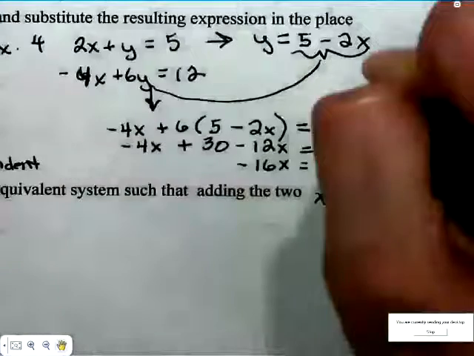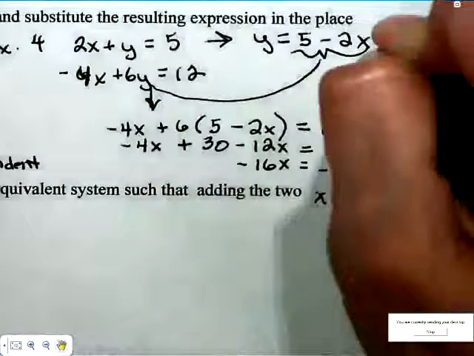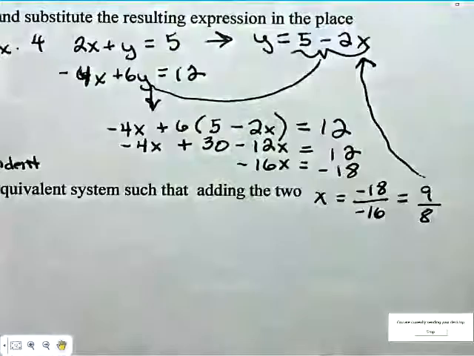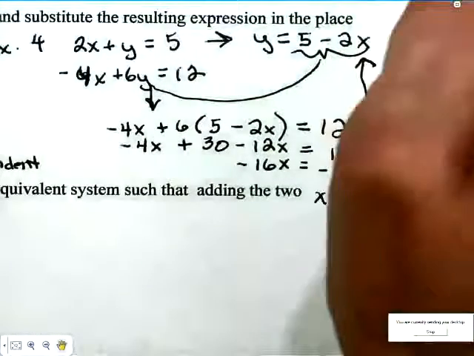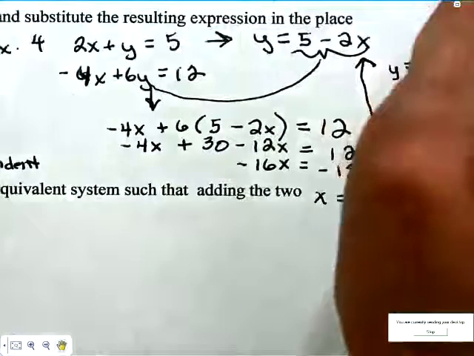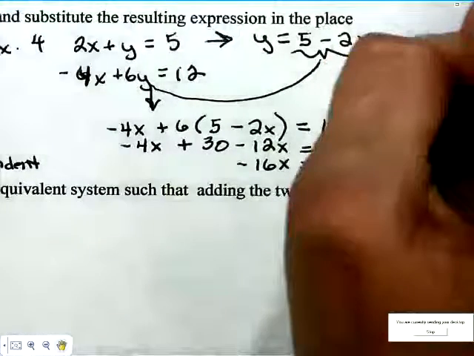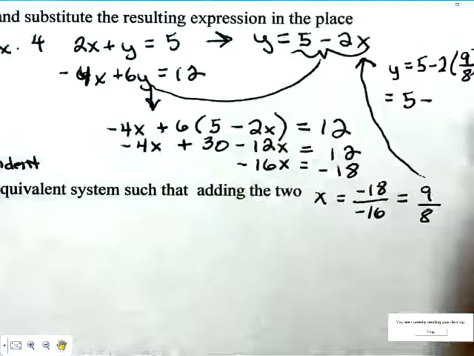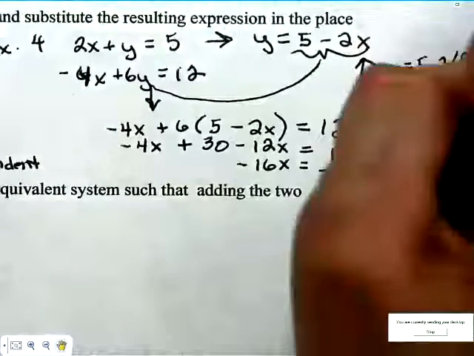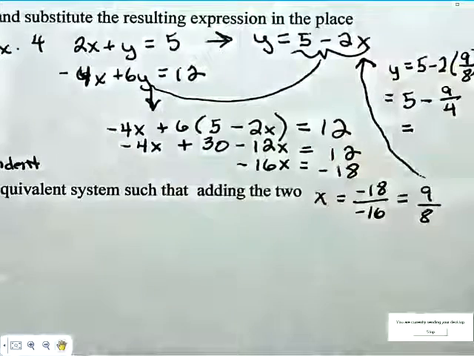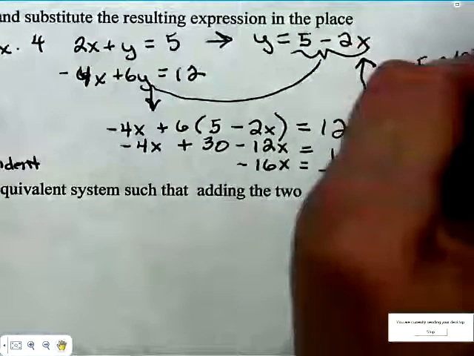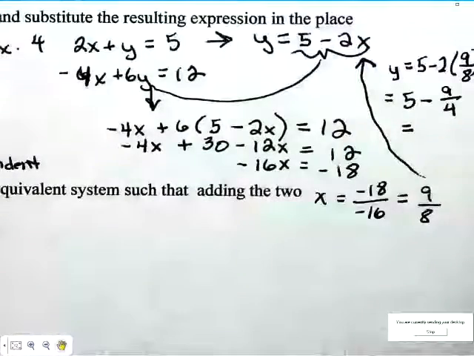So I'm going to put that 9/8 in place of x and have y equals 5 minus 2 times 9/8, or 5 minus 9/4, or 5 minus 2 1/4 is 2 3/4, which is 11/4.